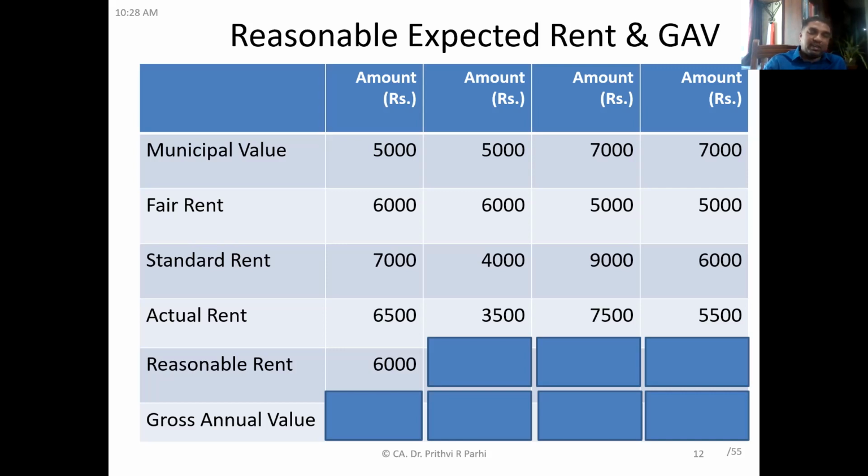What is reasonable rent? 4,000. Of 5,000 and 6,000 the highest is 6,000, but it should not exceed 4,000. Therefore, 4,000. Fantastic. Case 3.